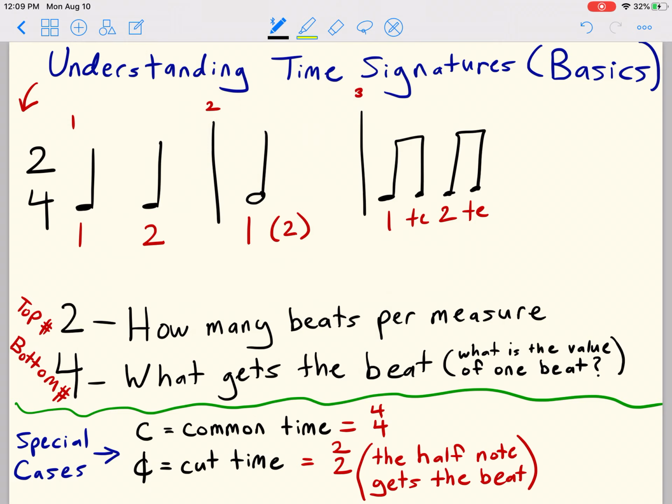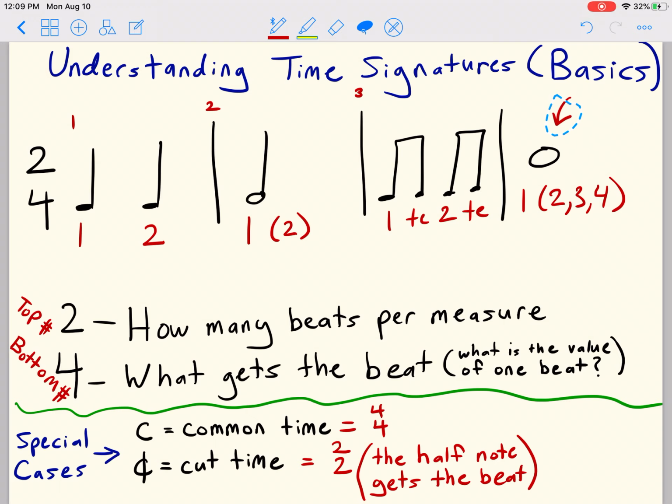So you see, one more time, that a whole note would not fit in 2/4 time. If I was to write the beats that a whole note would get if it were to fit, it would have 4 beats. But we can't fit 4 beats inside a 2/4 measure because it's too big.